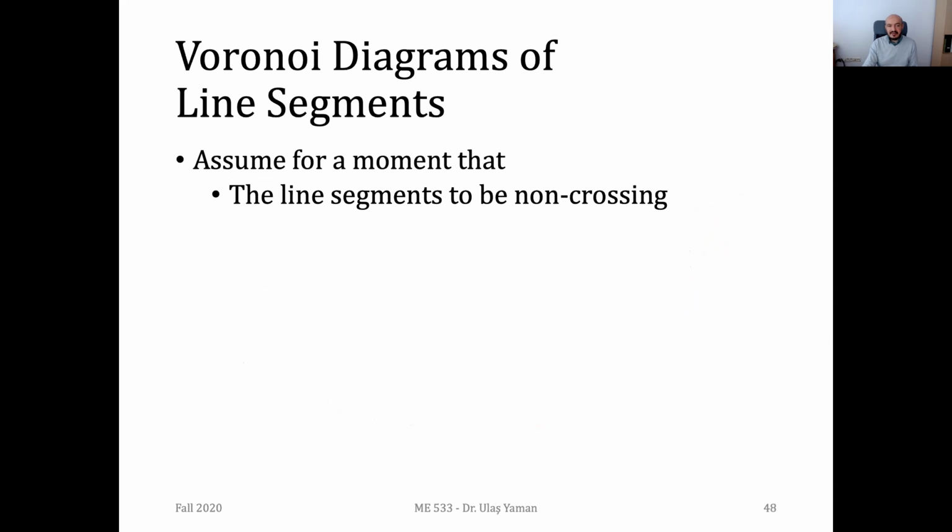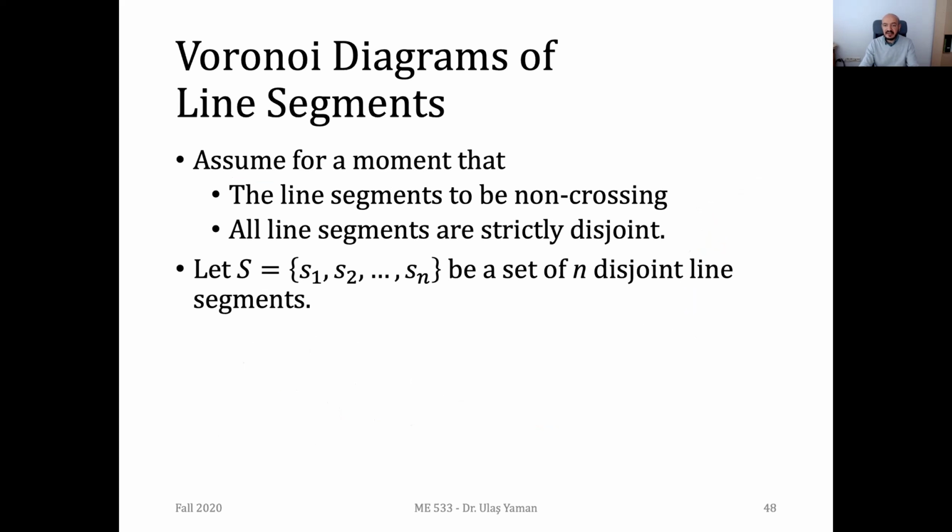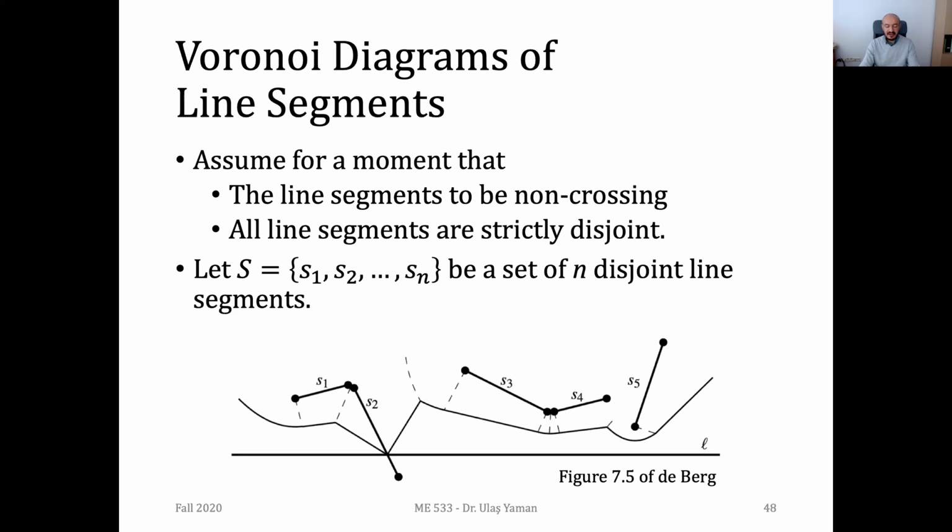So now let's assume that we have no lines crossing over each other, and that all line segments are strictly disjoint, they do not have any connections, and assume that this is our set of line segments. We have n disjoint line segments, and here you see the point where your imaginary or sweeping line is, and this is our beach line.